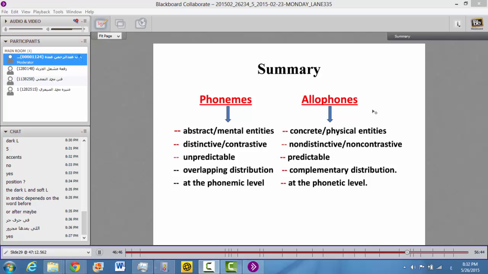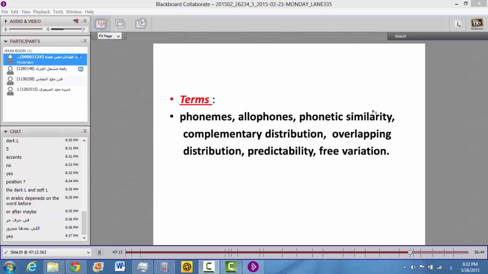The allophones are predictable. We can predict their occurrence from the environment. They are in complementary distribution, meaning they have different phonetic environments. The phonemes occur at the phonemic or phonological level, whereas the allophones occur at the phonetic level. Inshallah, next time we'll talk about the levels of distribution.